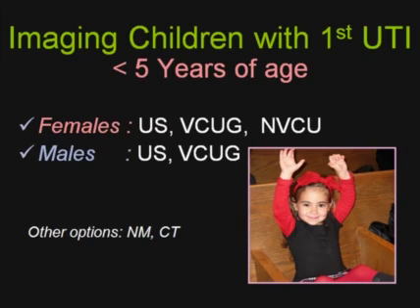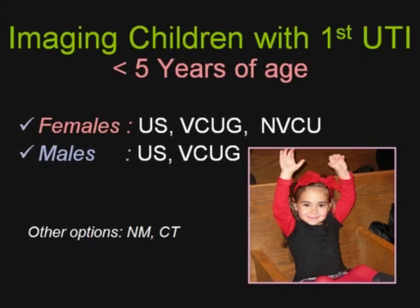So in the children who are less than 5 years of age with a first urinary tract infection, females will have an ultrasound. They usually have a VCUG or a nucleocystogram, and the males will have an ultrasound and a VCUG.